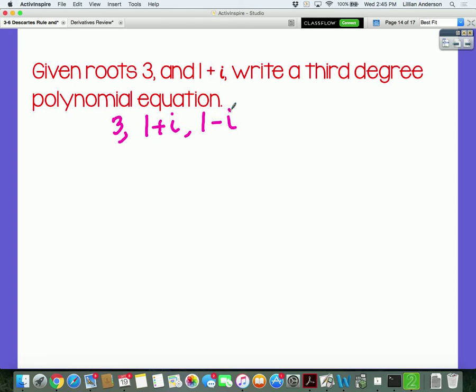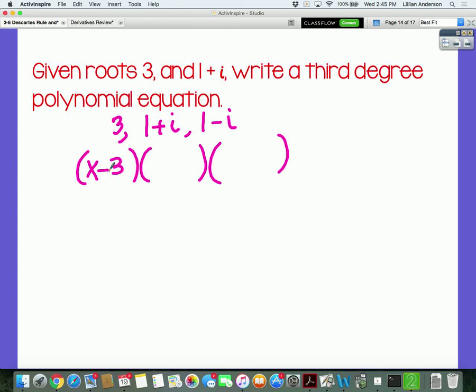Now, if you think back, whenever you were solving an equation, the step before you actually got to the x equals part, wasn't it always in a factored form? In order for me to get x equals 3, that had to come from a factor that was what? x minus 3.